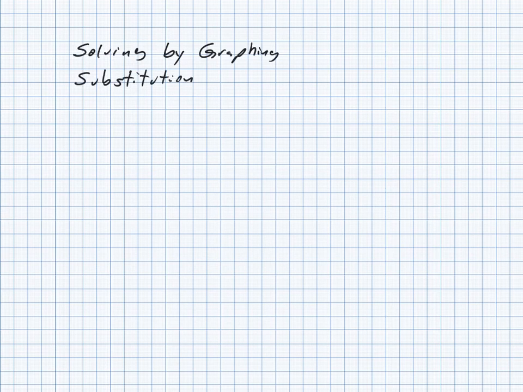And the final is by elimination. What I'm going to attempt to do is give you one system of equations, and we'll solve it using all three methods. From there, hopefully, you'll be able to catch on how to do this with all other problems or the practice ones that I'm going to give you.